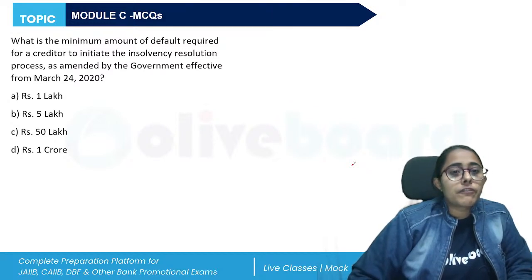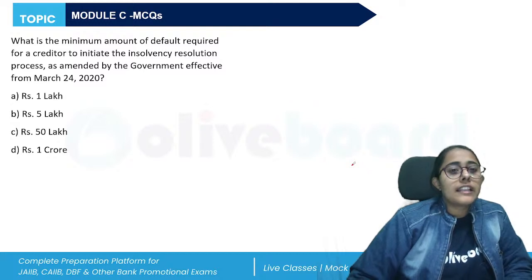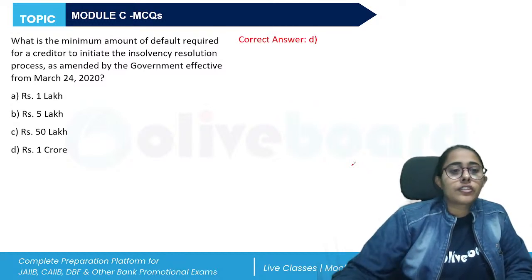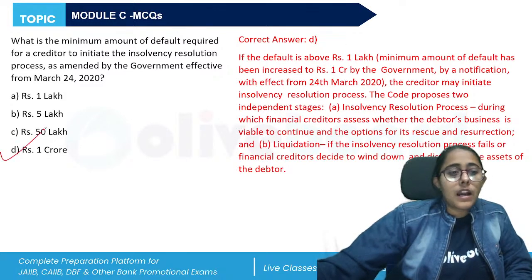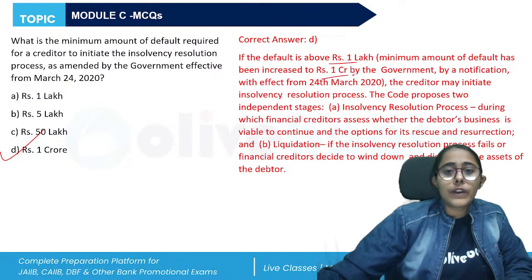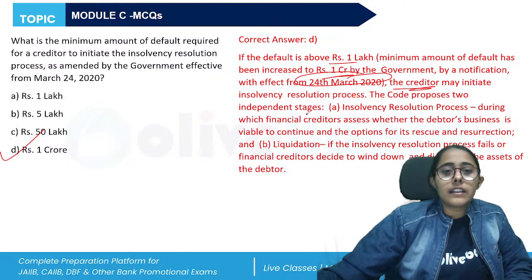So this much default has to be made, only then the creditor can initiate the insolvency resolution. The correct answer is option D, 1 crore. Earlier it was 1 lakh. This default has been increased to 1 crore with effect from 24th March 2020. And only then can the creditor initiate the insolvency process.